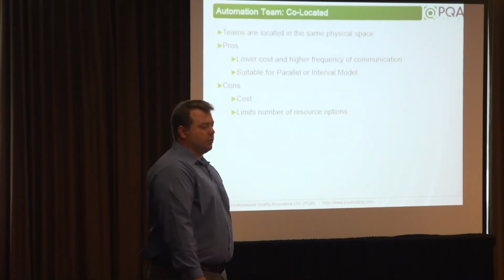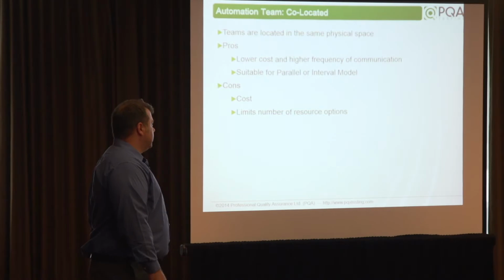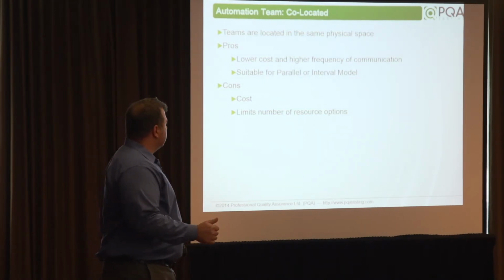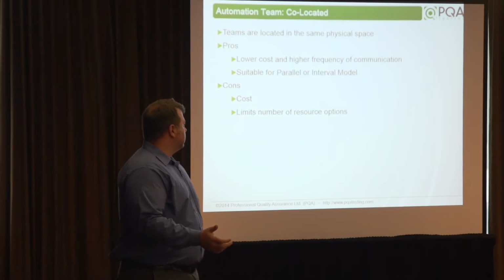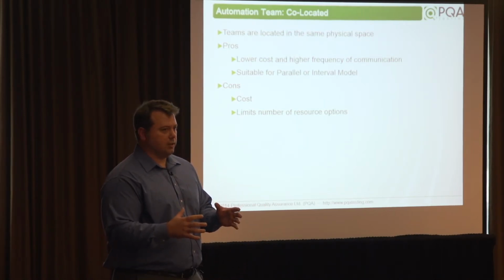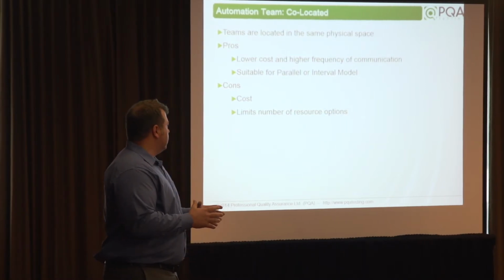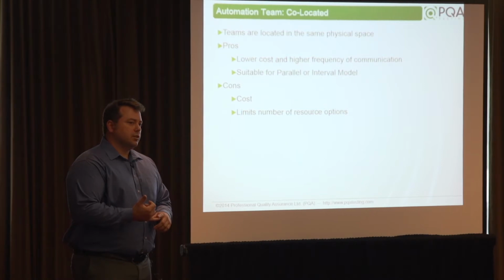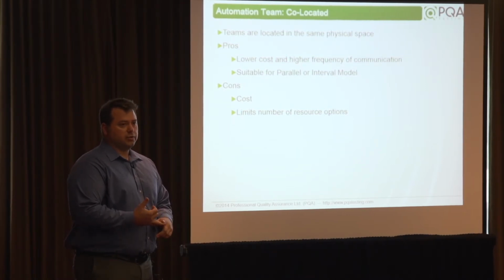Another consideration for the automation team is where they're located. Co-location, for anyone that doesn't know that term, is a group of people who are located in the same space. And anyone who's worked that way knows that you probably have a much lower cost of communication and a much higher frequency, right?